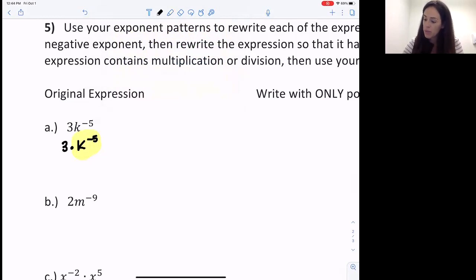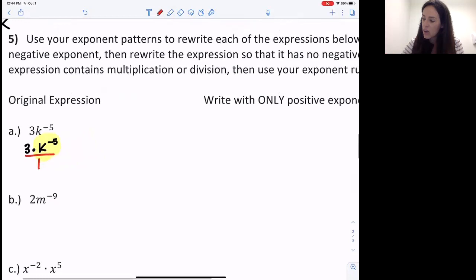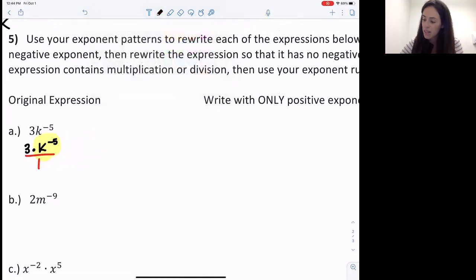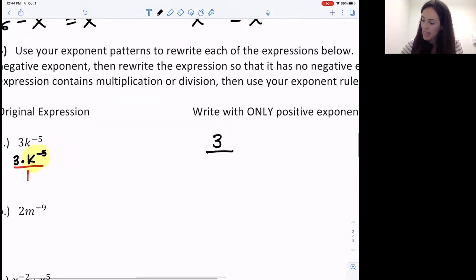So when I go to rewrite it with only positive exponents, the only thing that gets sent down to the denominator is the k to the 5th. Okay, the 3 stays in the numerator. And then the k gets sent down to the denominator and becomes a positive 5. It uses up its elevator ticket. It is no longer negative.